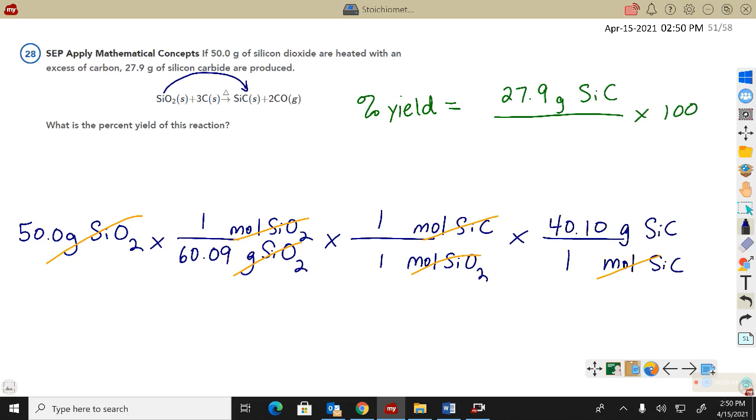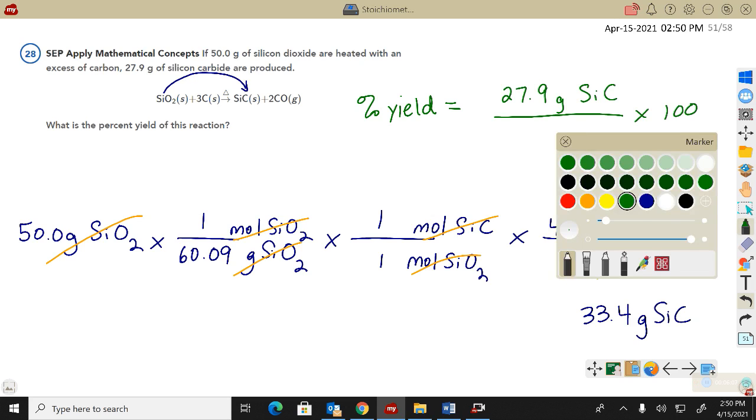That's not going to change anything. But then I'll multiply by 40.1. Awesome. So this is giving me about 33 maybe like 4 grams. That's my theoretical yield. That's the amount that I should produce.